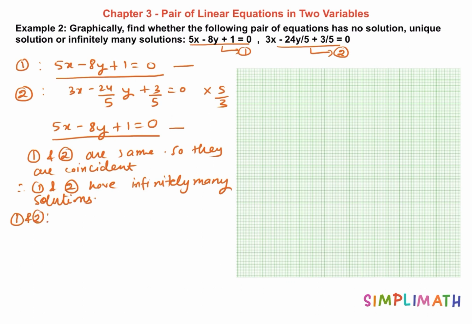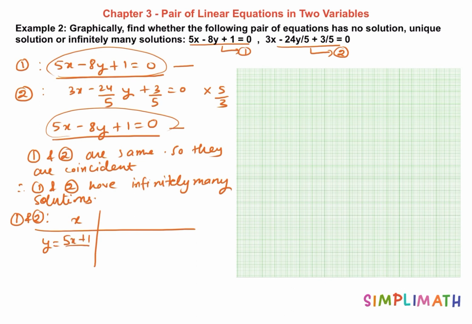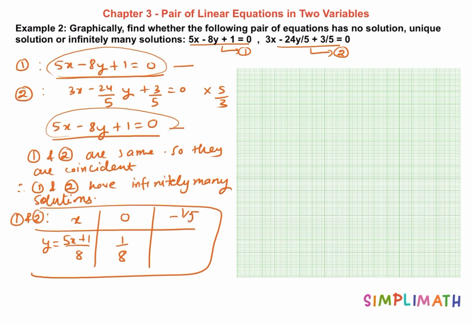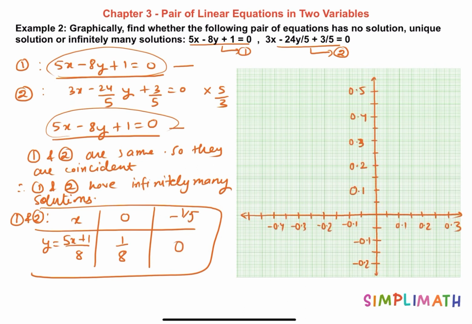What do we get? Let's say this is x, and from here, the value of y would be 5x plus 1 by 8, right? So when x equal to 0, y equal to 1 by 8, when x equal to minus 1 by 5, y equal to 0. Now let us plot these points on the graph.